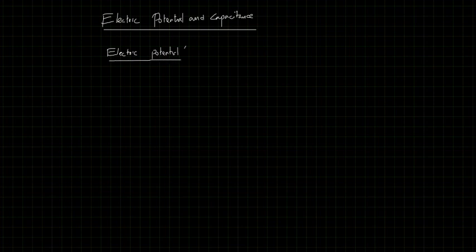we denote it by V. As you have learned, electric potential V is defined as work done per unit charge. What does this mean?